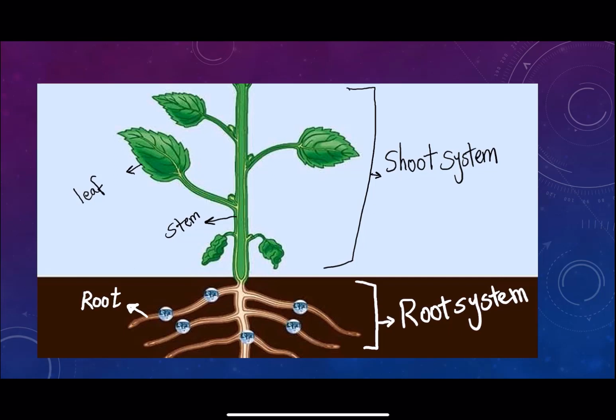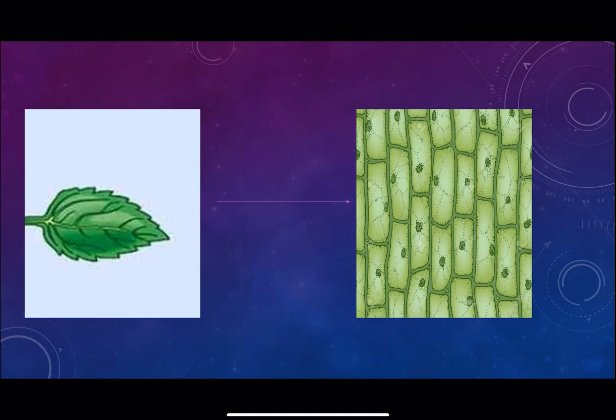The root system is the system that we cannot see because it's under the ground, while the shoot system is the system that we can see because it's above the ground. If I take one organ of the shoot system, like leaves, let's take one leaf.